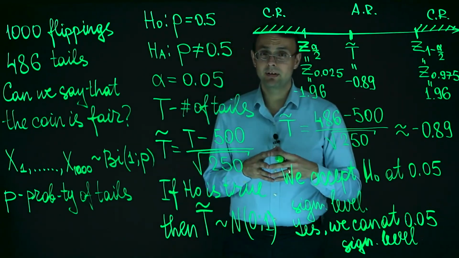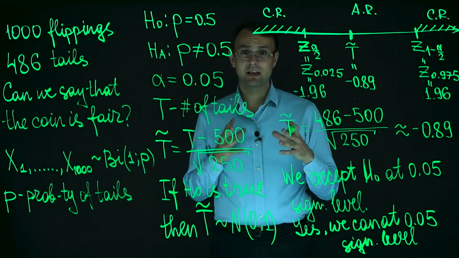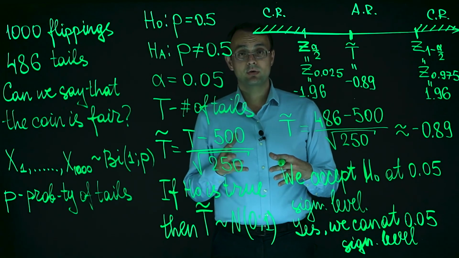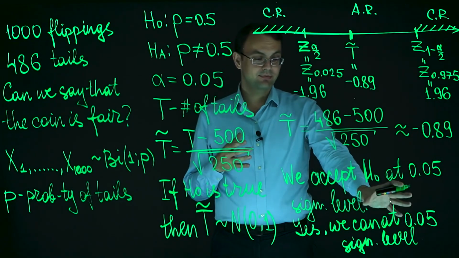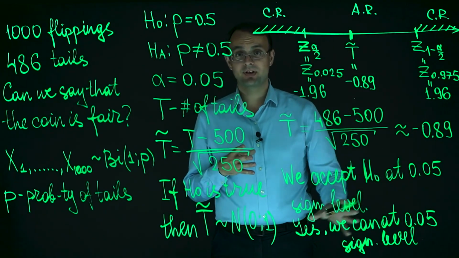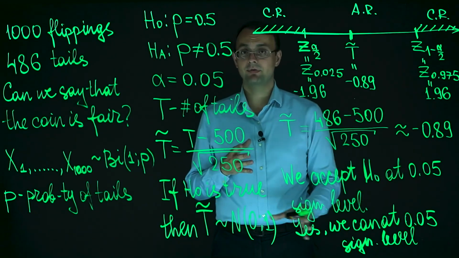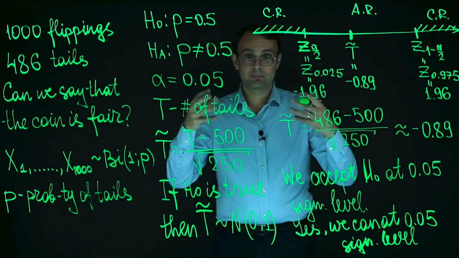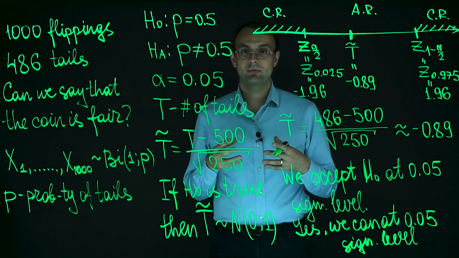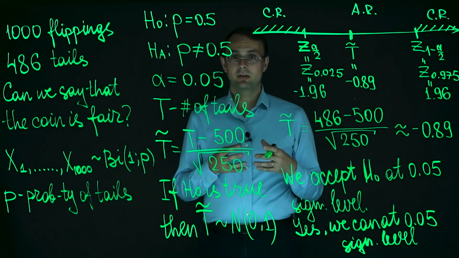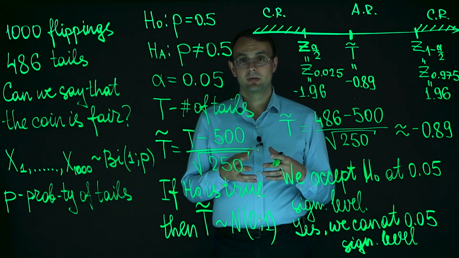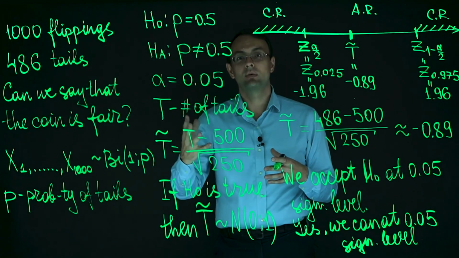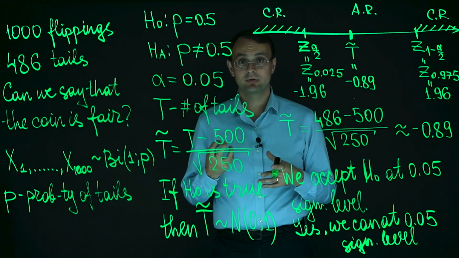The probability of type 2 error cannot be calculated precisely. But when we say at 5% significance level, or at 0.05 significance level, we let people know that we don't know whether the hypothesis is true or not.